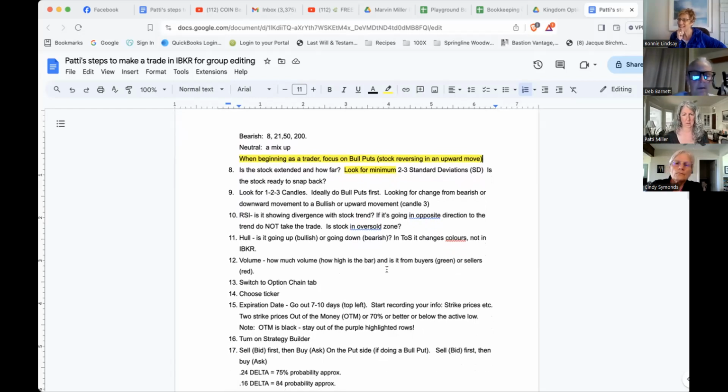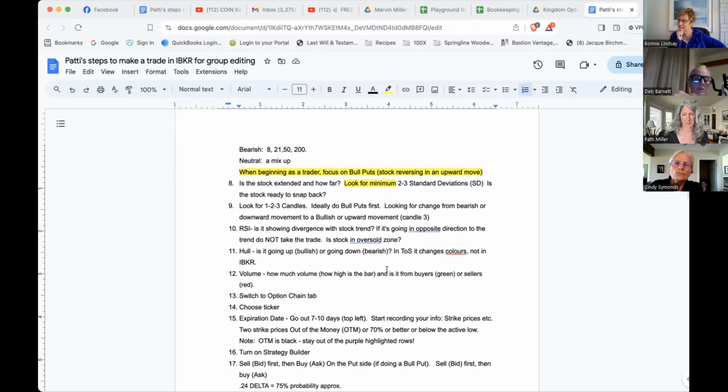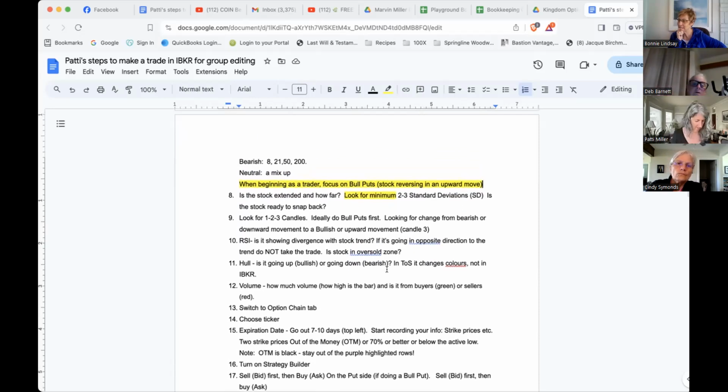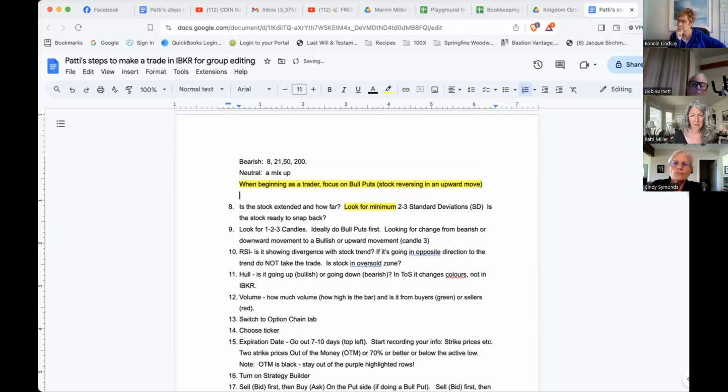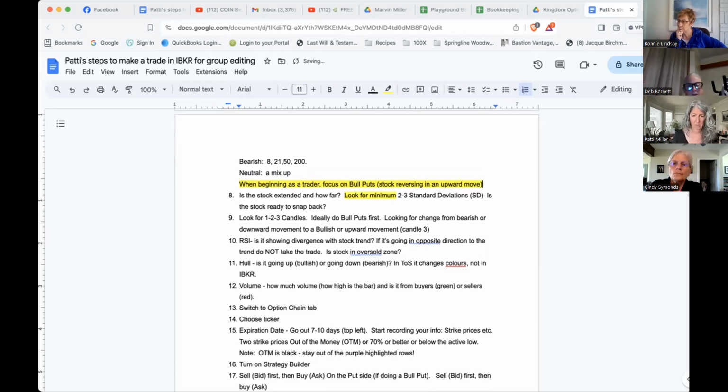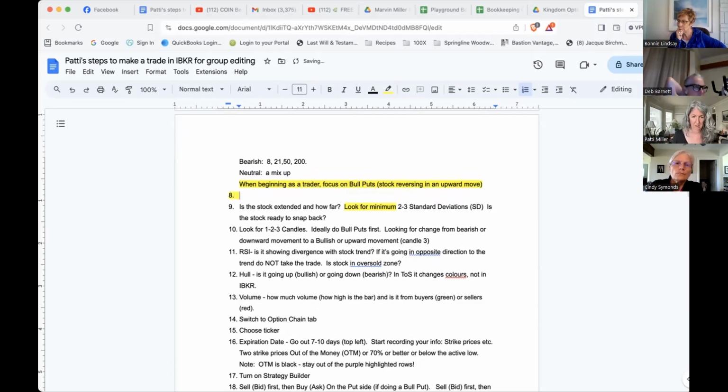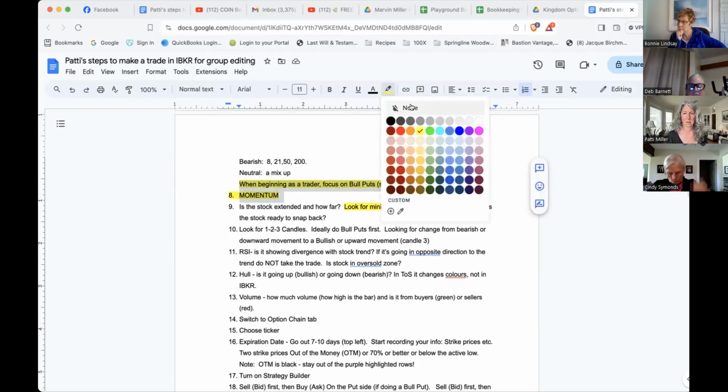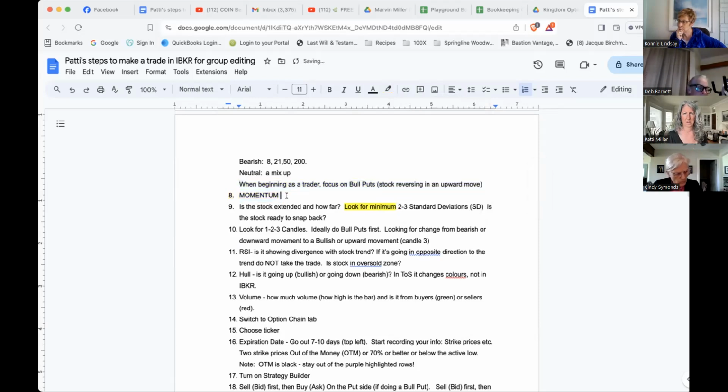Momentum, capital letters. I don't think he had that as a third step. It was another thing that he's looking at, momentum. And to do that, we want to look at volume, and the 8-day moving average is what I've got.